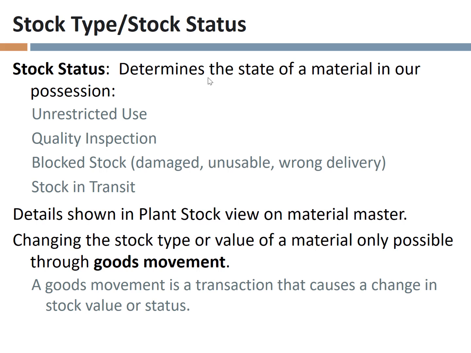And so in the process of doing that, maybe it went from unrestricted stock here to stock in transit while it was on board a truck moving from point A to point B. And then when it got here, it became maybe in quality inspection for us to check it over to make sure it didn't get damaged in transit, and then ultimately to unrestricted use.